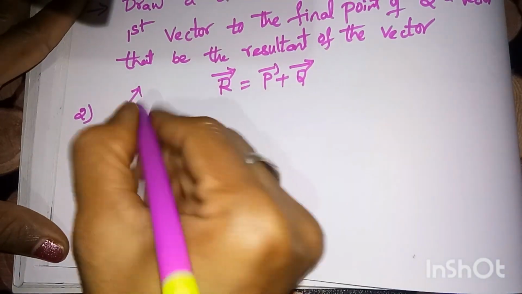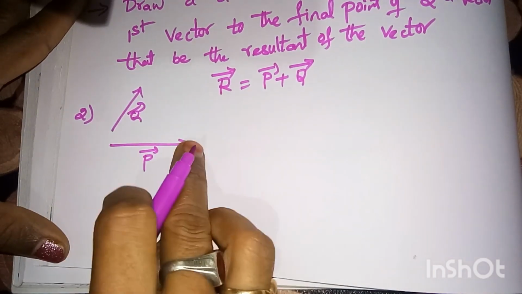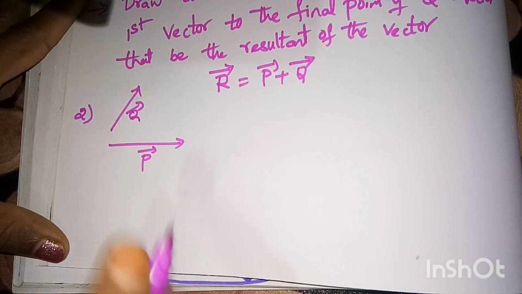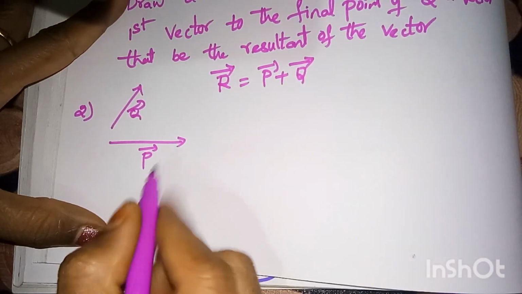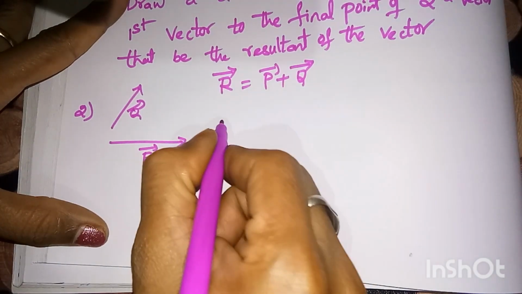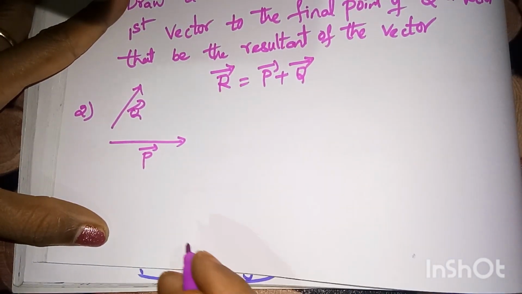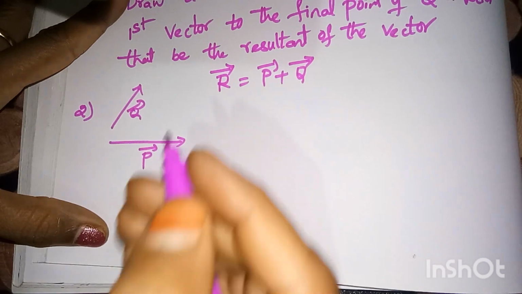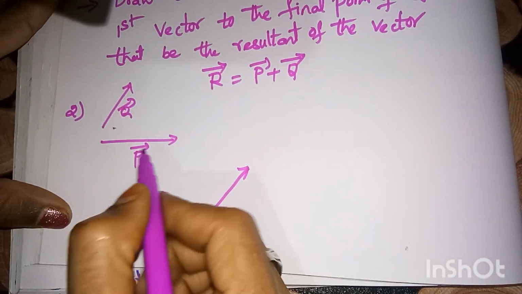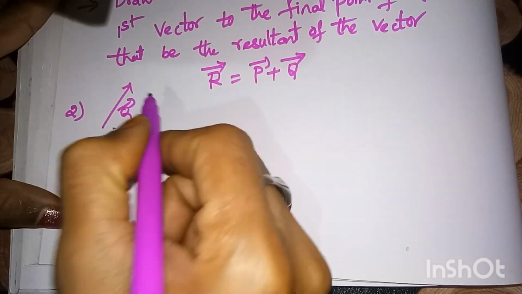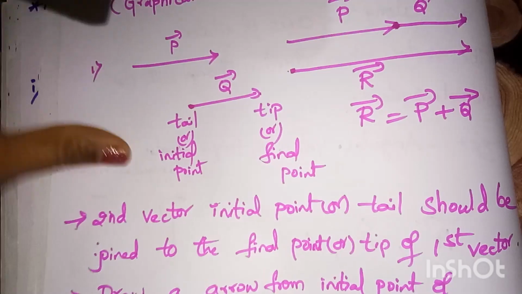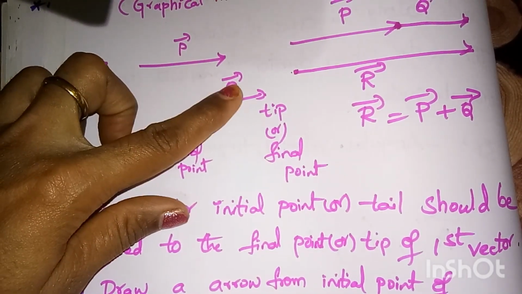Next, suppose two vectors are moving in different directions or making some angle. In the same way, how can we add the vectors? How can we find the resultant? Here I am considering p bar as the first vector and q bar as the second vector, as in the first example also.